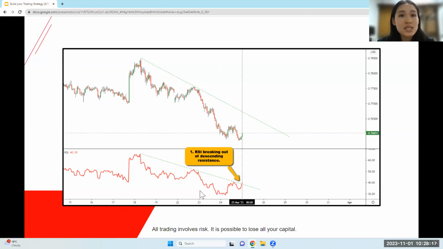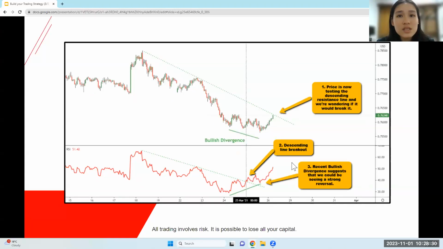So we see that our RSI is breaking out of this resistance level, and that's a suggestion or forecast that price is going to break out of this descending resistance as well.